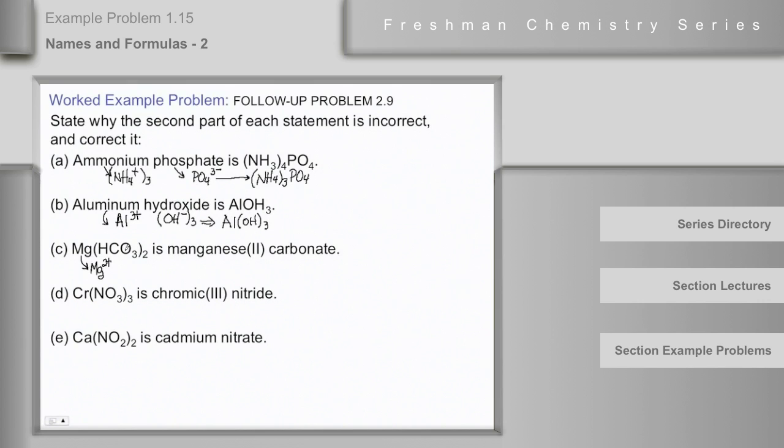Also, HCO3 with a single negative charge, as would need to be the case here, HCO3 minus is bicarbonate ion or hydrogen carbonate ion.